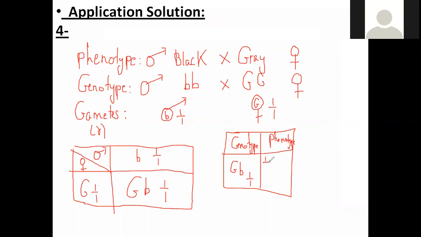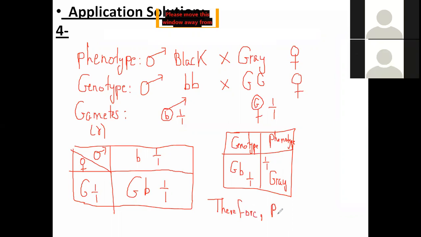They have 1 over 1 gray. Why? Because the gray allele is dominant. It can be expressed in both homozygous and heterozygous. So this is the F1. They have to say therefore, results are verified. If they said to verify the results, therefore results are verified.